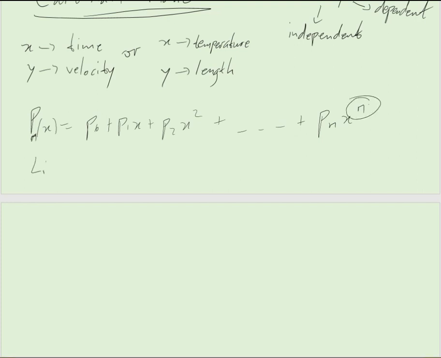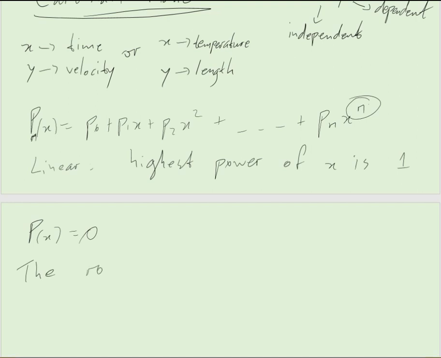A linear polynomial or a linear function, the highest power of x is 1. Now the degree or order of the polynomial tells us how many roots there are, or how many solutions there are to the equation p of x is equal to 0. So let me just write that.